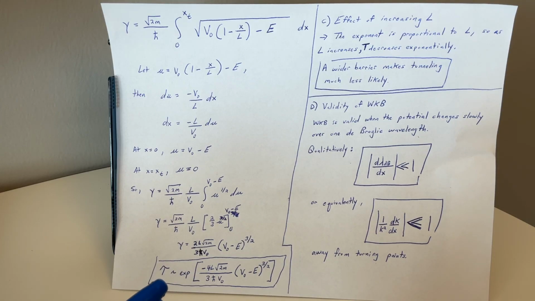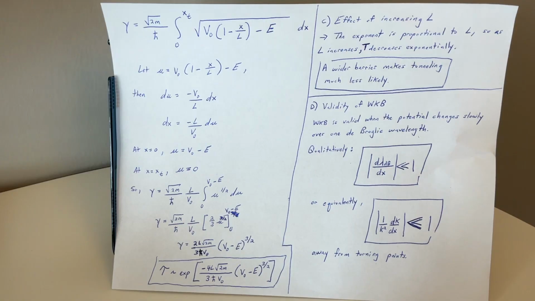So we have our T, or tau, approximately the exponential of this whole quantity: negative 4L square root of 2m over 3h bar v naught times the quantity v naught minus E to the 3/2. So this would be our expression for the transmission probability.